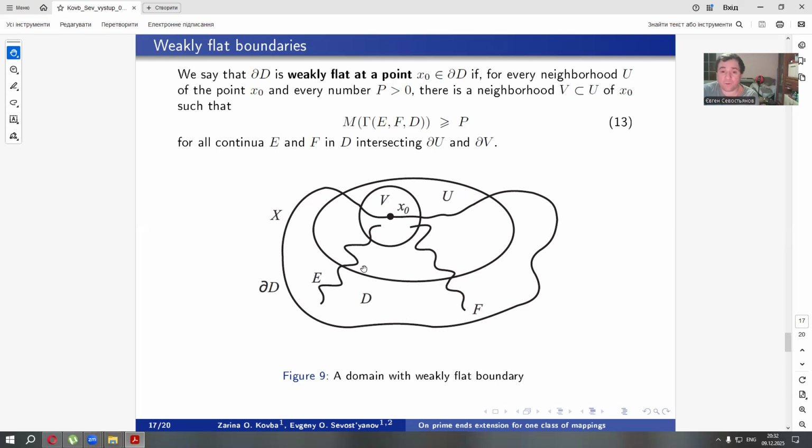The modulus of families of paths may be greater than P. In fact, the modulus tends to infinity because P is an arbitrarily big number.